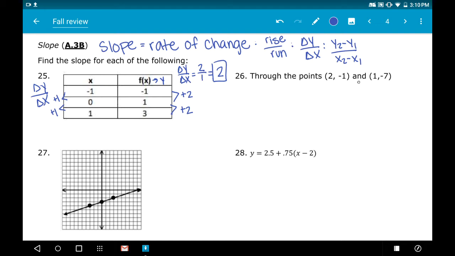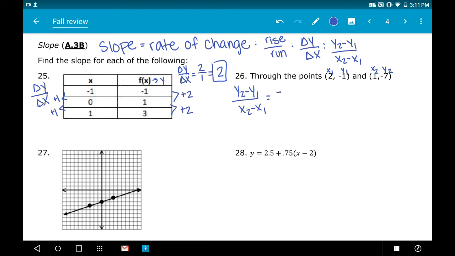Next one, we have 2 points, which means we're going to use y2 minus y1 over x2 minus x1. So we're just going to label the points. So this first one is x1, then y1, x2, y2. So each coordinate should have an x and a y, and they should have the same number. Now we're just going to substitute these back into this formula.